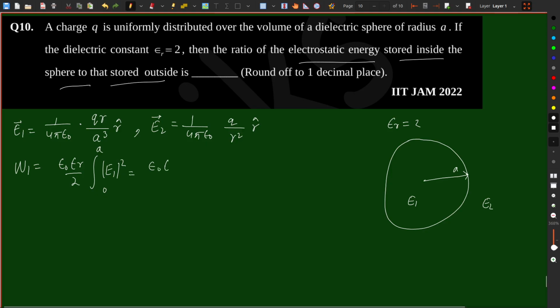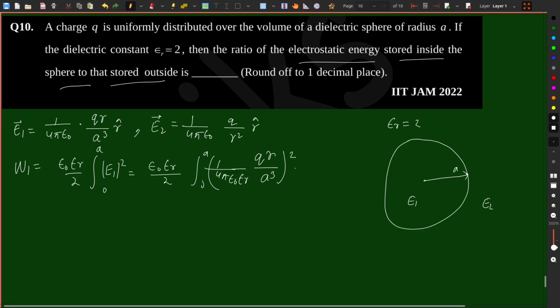So epsilon naught epsilon r over 2, 0 to a, 1 over 4 pi epsilon naught and epsilon r. Okay, because it is inside the dielectric medium, that's why we are taking another dielectric constant epsilon r here, and Qr over a cube, and whole square.